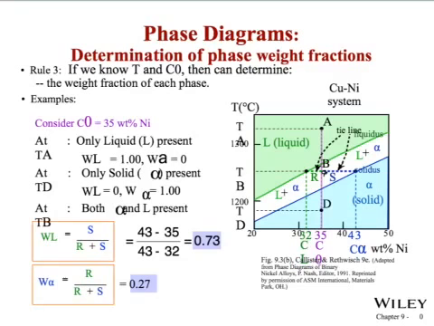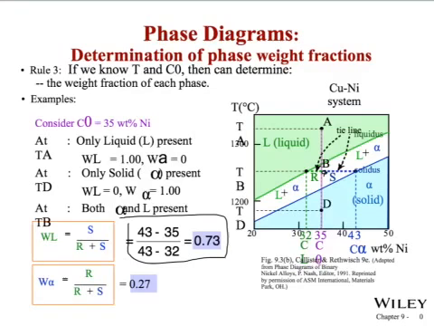So 43 minus 35, that's going to leave us with just the solidus portion. And then we're going to divide that by R plus S. So this is going to be S minus R. So we're going to go from the point B out to the solidus line, 43, and we're going to subtract off from point B to the left, hitting the liquidus line, so that's 32. So here, again, we'll see right in this box right here, we'll have 43 minus 35 over 43 minus 32.